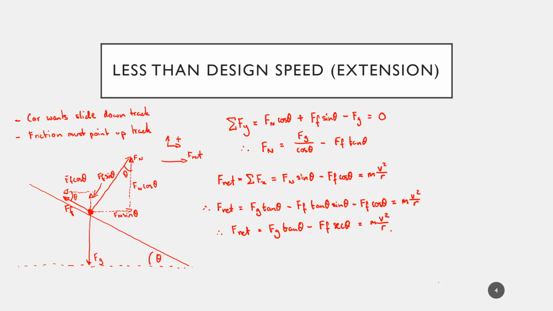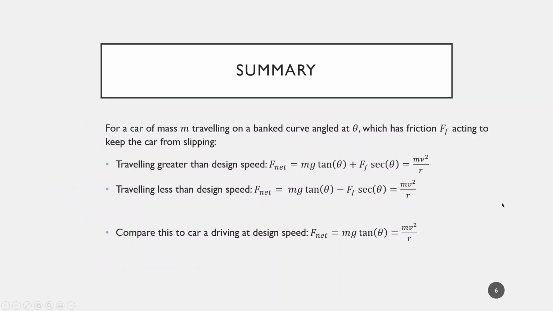There we go. We've developed some expressions for our net force when our object is traveling either greater than or less than the design speed. Again, it's an extension. It's not something that I have encountered before in an exam or in any chapter questions from textbooks.